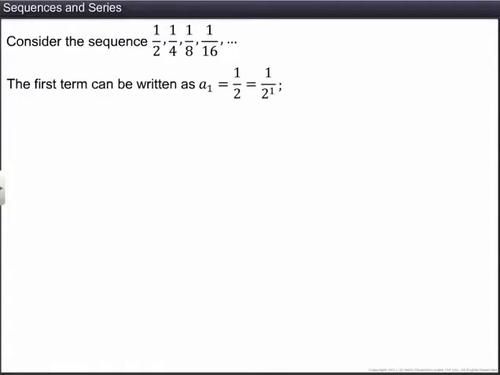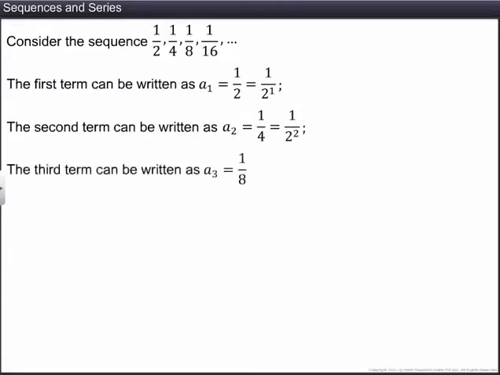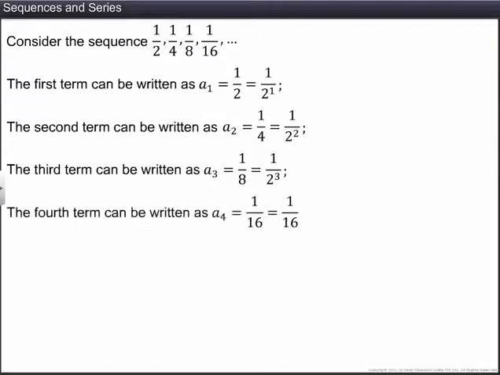The second term, 1/4, can be written as 1/2 raised to the power of 2. The third term, 1/8, can be written as 1/2 raised to the power of 3. The fourth term, 1/16, can be written as 1/2 raised to the power of 4. Similarly, we can write the succeeding terms.